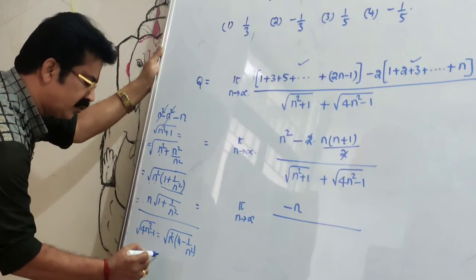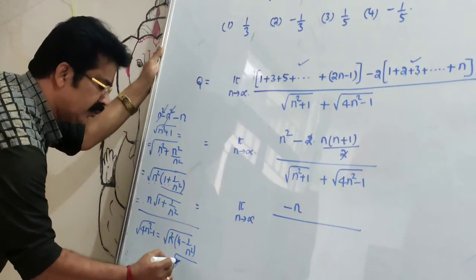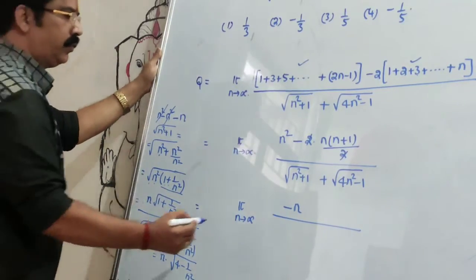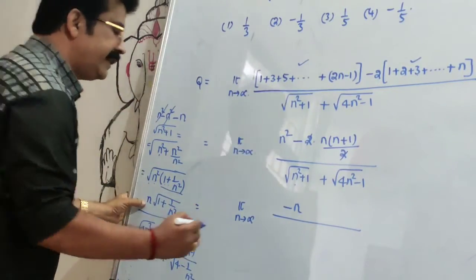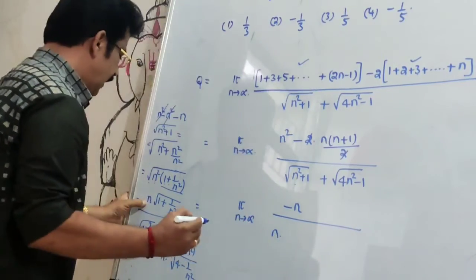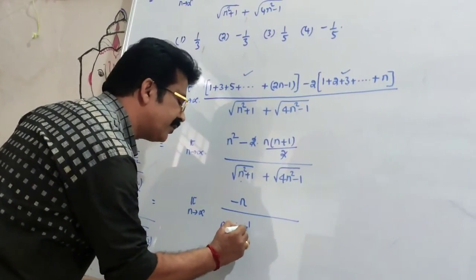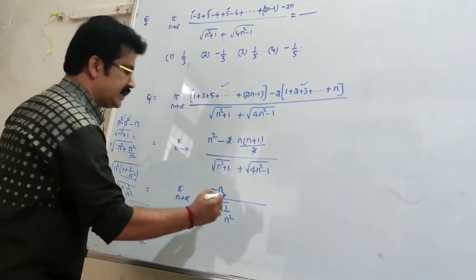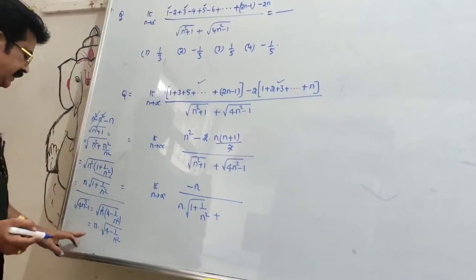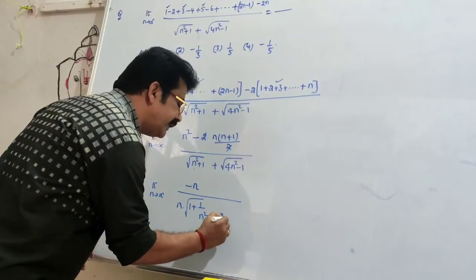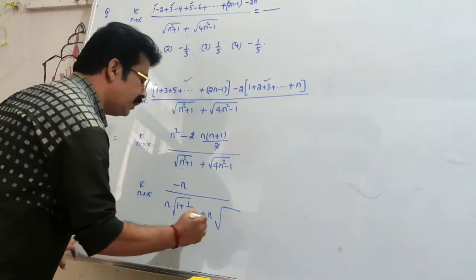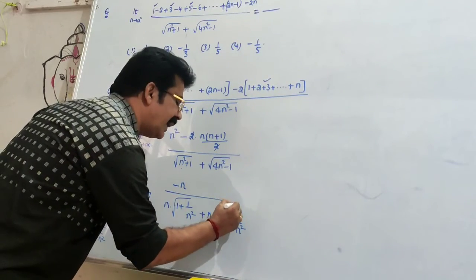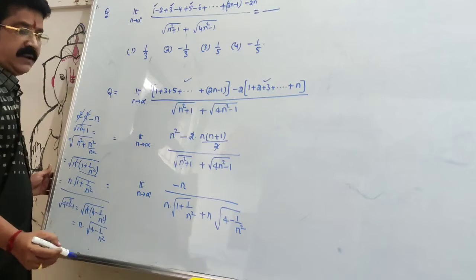Of course, root of n square means n, into square root of 4 minus 1 by n square. So the denominator is n into square root of 1 plus 1 by n square, plus n into square root of 4 minus 1 by n square, as n tends to infinity.